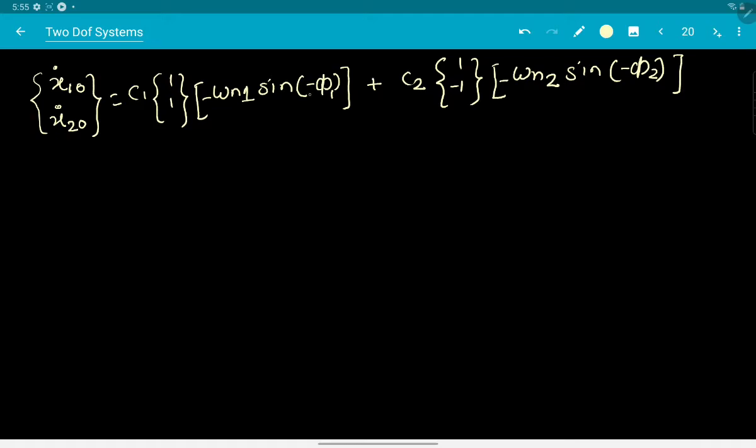You know, sine of minus phi 1 is minus sine phi 1, and you have one more minus sign sitting over here, so you can absorb that.